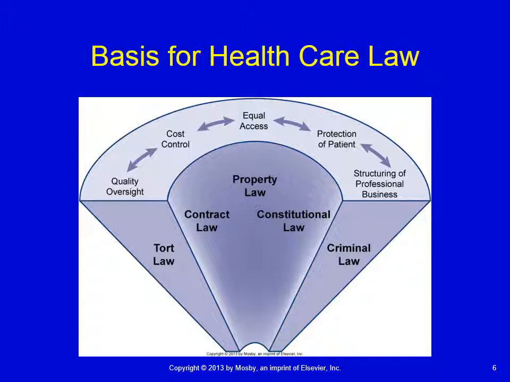Then there's constitutional law, and finally, criminal law. So malpractice really falls under tort law, because usually there is negligence. It is not a purposeful harm that was done to the patient. If there was a purposeful harm done to patients, as can be the case in some healthcare law, that would fall under criminal law.